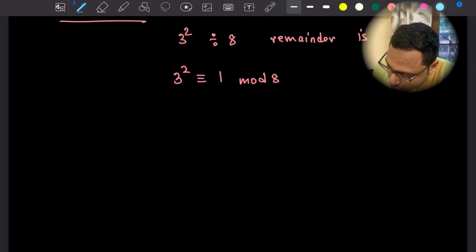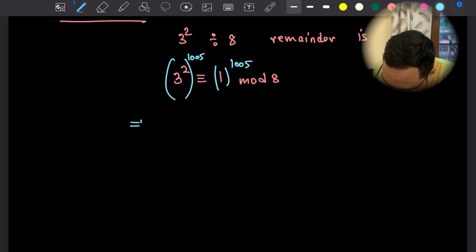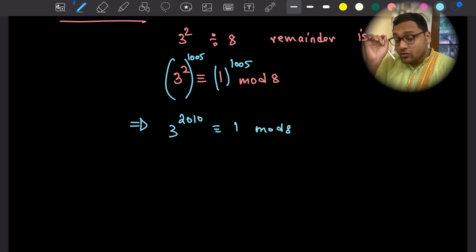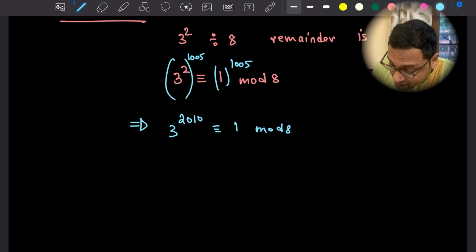We can raise both sides to the power 1005, and we immediately get 3 to the power 2010 is congruent to 1 mod 8. Wait, so how can we raise both sides to the power 1005? This is not easy.